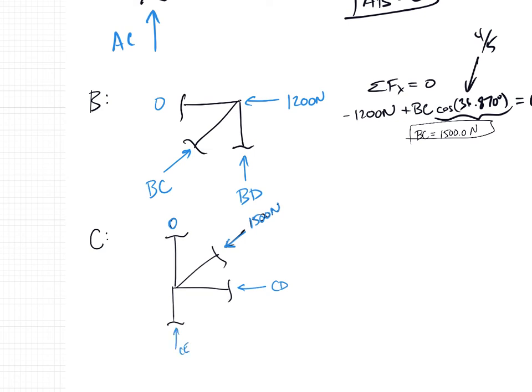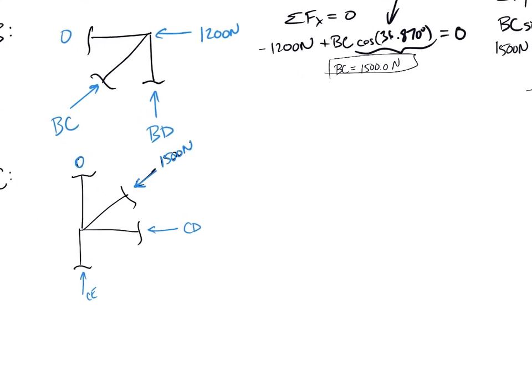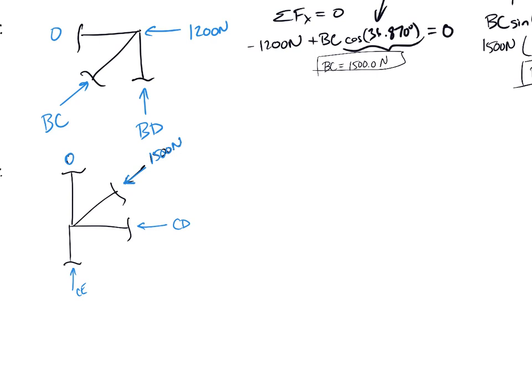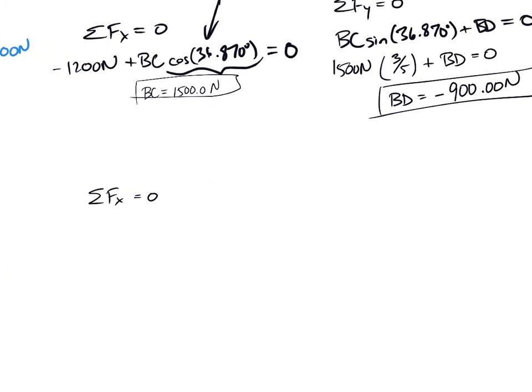So what's going to be easier, X or Y? Neither one is particularly easier than the other. They've both got the same number of unknowns, and they both have 1 diagonal force on them, so it doesn't matter. When it doesn't matter, I do X first because I'm an alphabet guy.